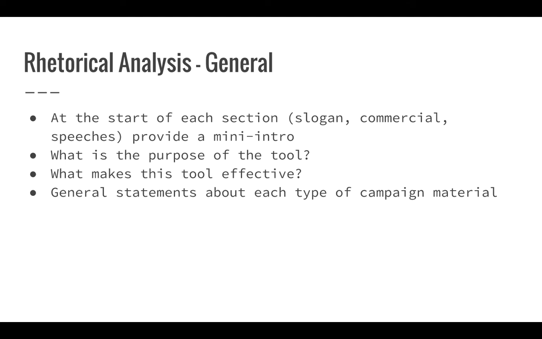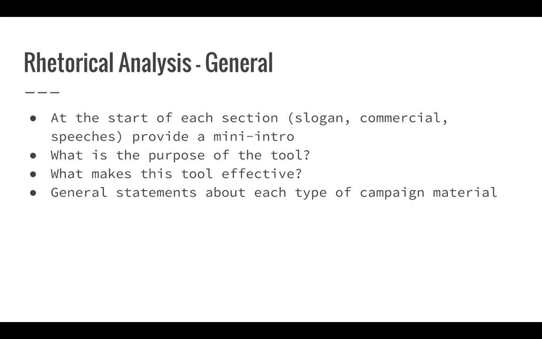Okay, so in general, your rhetorical analysis parts. First, at the start of each section, when you first start writing about a slogan or a commercial or your speeches, you have to have a mini introduction. Some of you did this really well. I just read one on politics within political parties that was very well done with mini introductions of what is a slogan, what is the purpose of it, what makes a slogan effective and ineffective, and just general types of each.